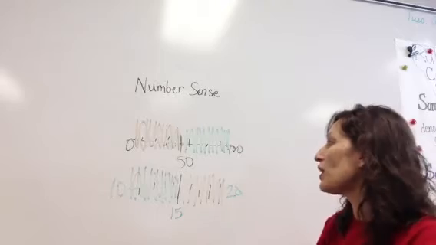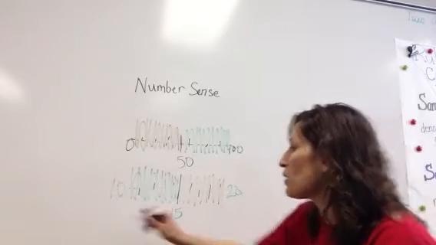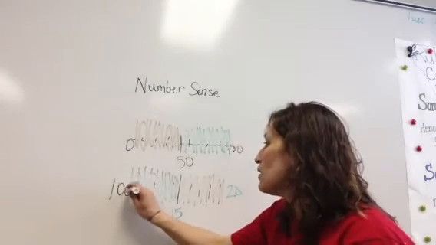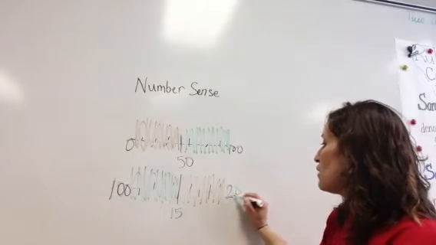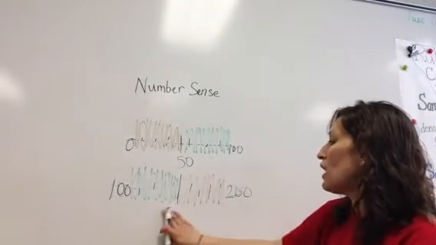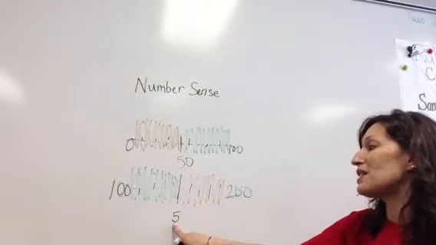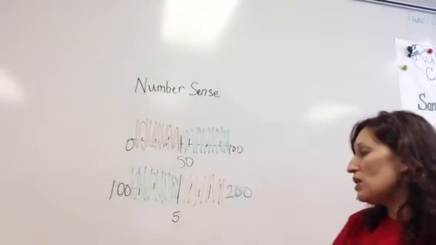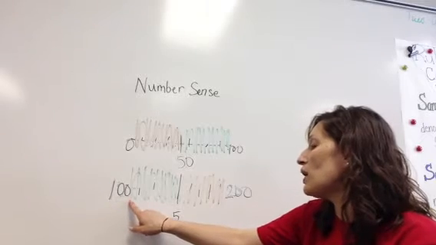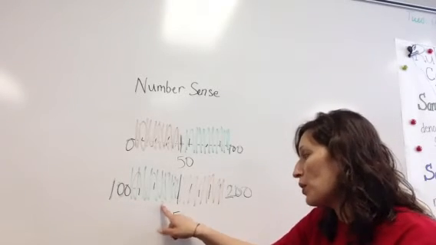Okay, now let's look over here. What if I had this one be 100 and this side be 200? Halfway in the middle is going to be that 5 number, but now the 5 is in the tens column. So I would have 100, 101, 102, 103, 104.